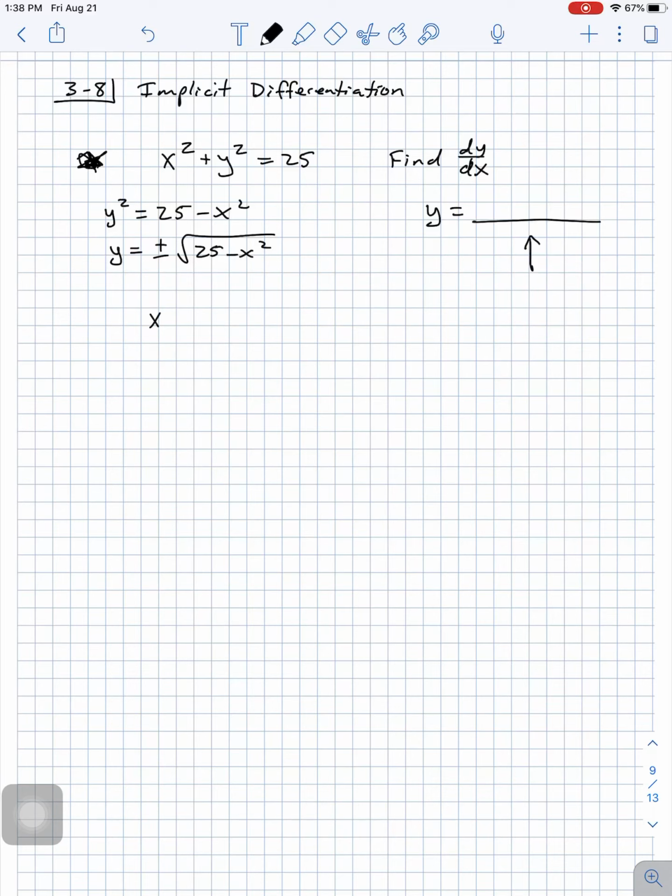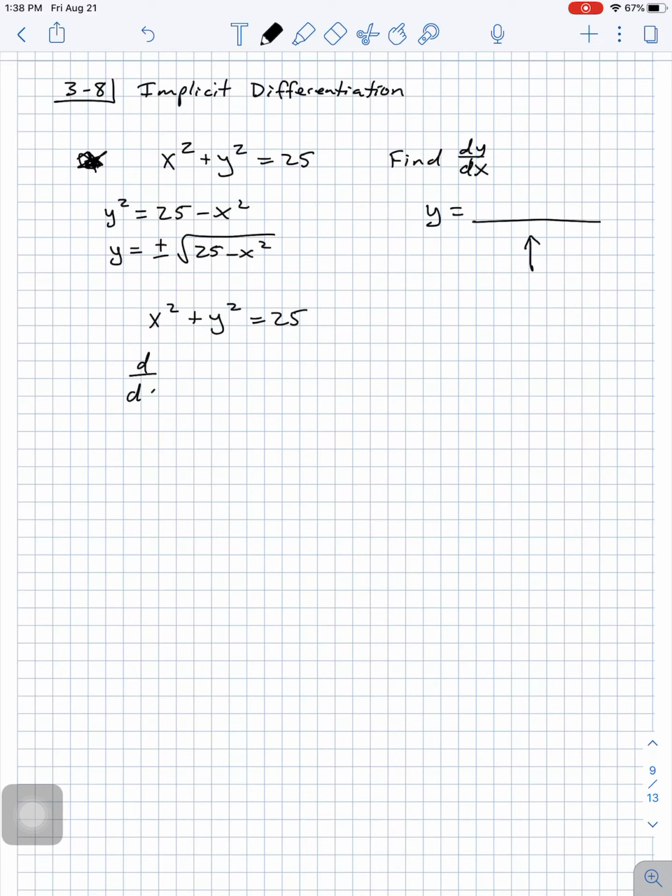All right, so let's take a look at how it works. The idea is you leave each term where it is. You don't solve it for y, but you're going to take the derivative of both sides.